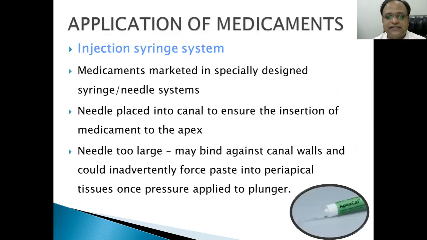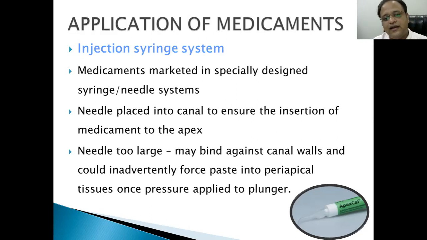Coming to injection systems, these are the gold standard today, and these injection systems have fine needles or plastic needles. These can be placed as close to the apex as possible, and when you inject the calcium hydroxide paste, it reaches nearest to the apex, or the area of placement in apexification cases.